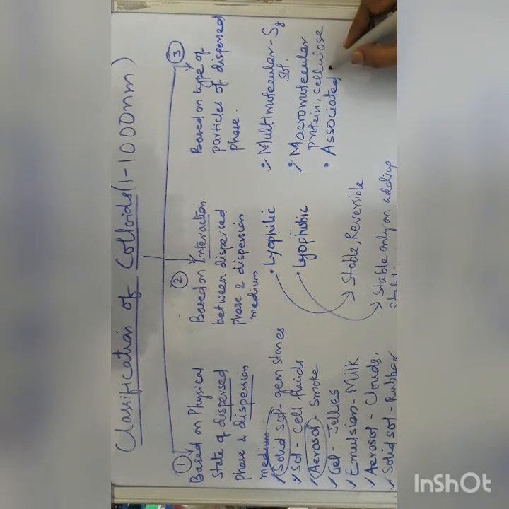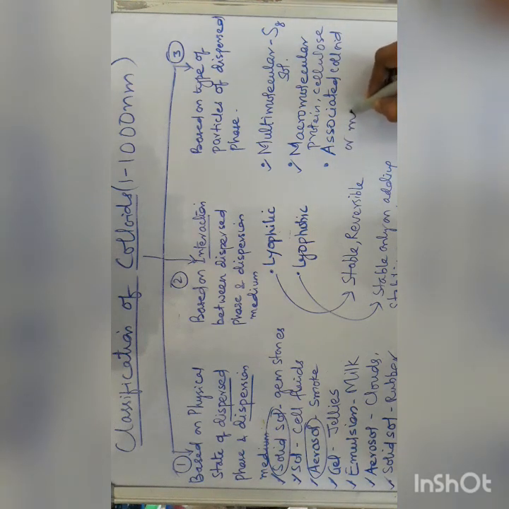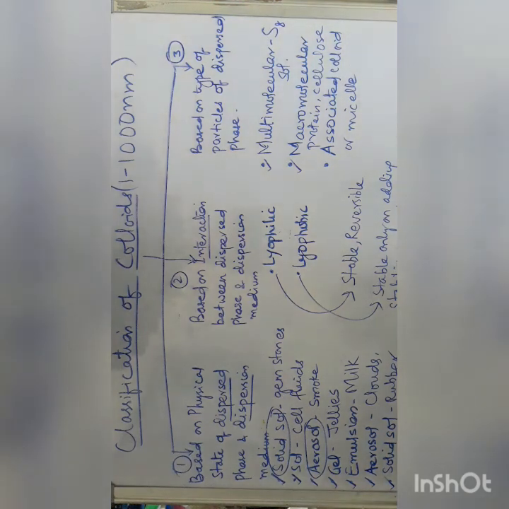Associated colloids are also called micelle, and this term you are familiar with when you have studied the cleansing action of soap. So associated colloids or micelle, somewhere it is associated with soap. Now there are some substances which at low concentration behave as normal strong electrolytes, but at higher concentration they exhibit colloidal behavior.